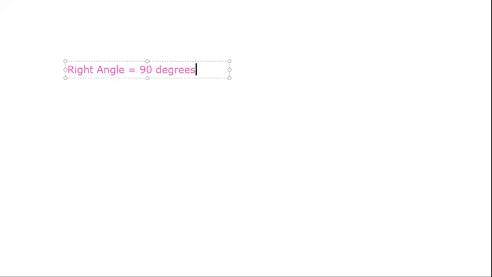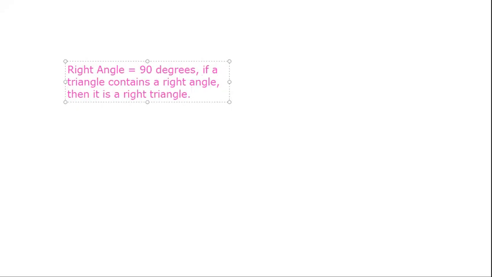And if a triangle contains a right angle, then that's a conditional statement. If a triangle contains a right angle, then it is a right triangle.